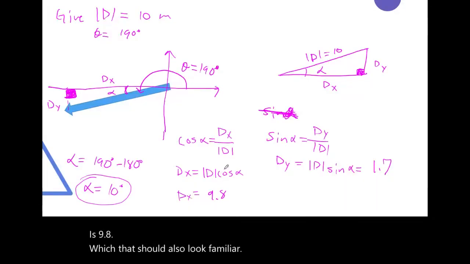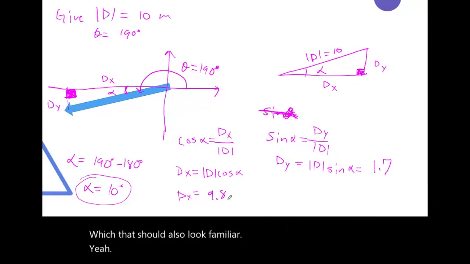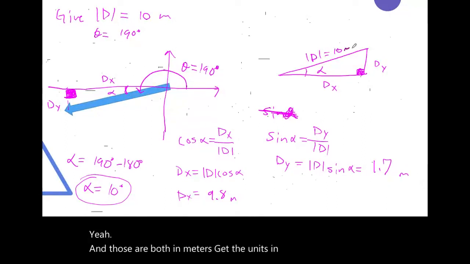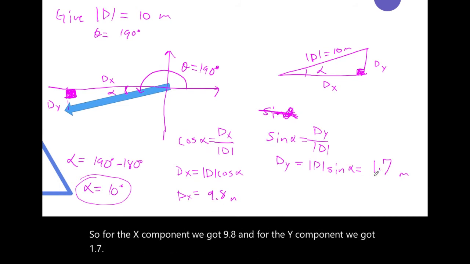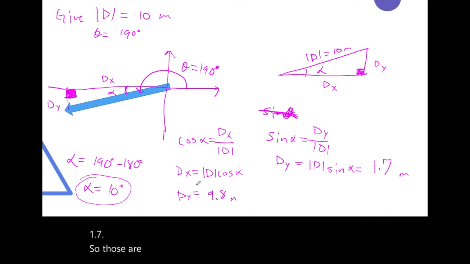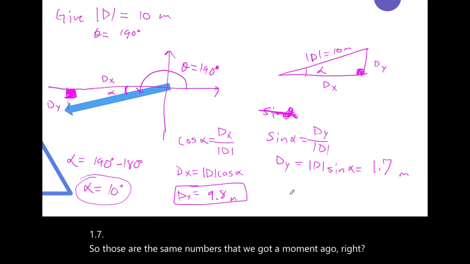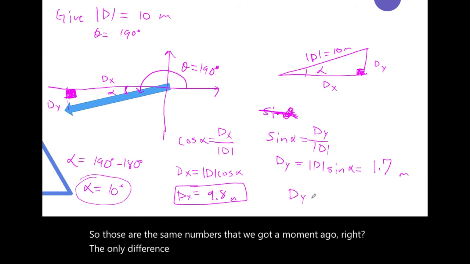Yeah. And those are both in meters. Get the units in. So for the x component, we got 9.8, and for the y component, we got 1.7. Those are the same numbers that we got a moment ago, right? The only difference is that they're positive values.